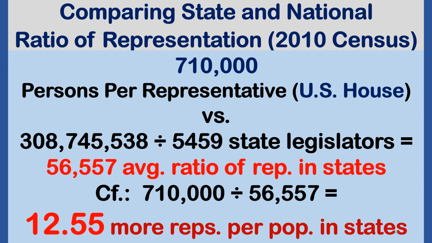In other words, when you go into local interest, there should be approximately 12 and a half more representatives per the population.